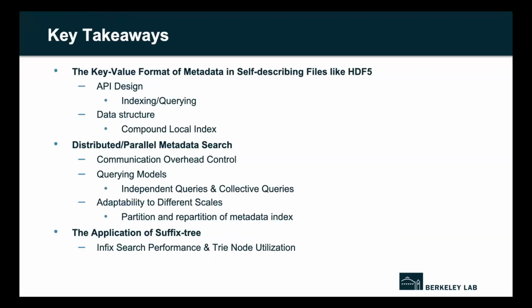So here are some of the key takeaways. The key-value format of the metadata in self-describing files like HDF5 really affects the design of the API and also the internal data structures that you choose. Because you need to support queries against both keys and values, you need to make sure these two parts of the metadata attributes are considered in the query.